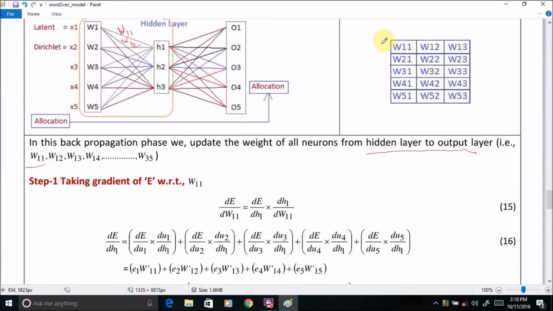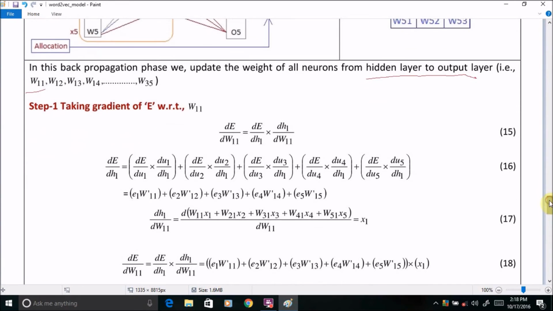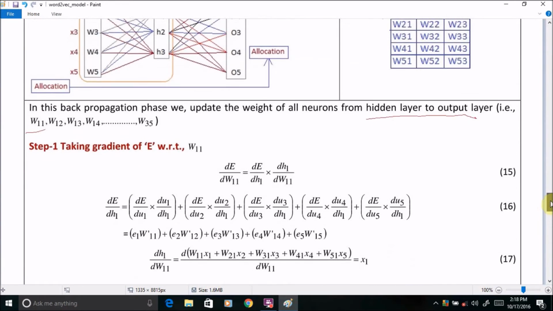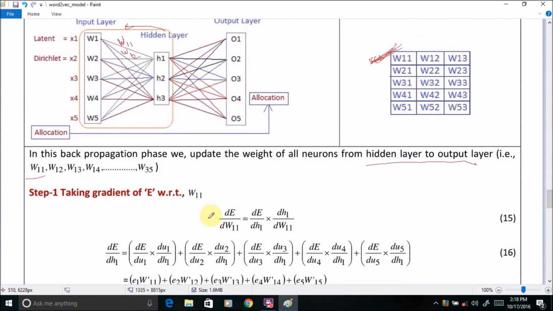Means our target is to update the weights of this entire matrix. So as usual, the first part is taking the gradient. So we will take the gradient of E with respect to W11.